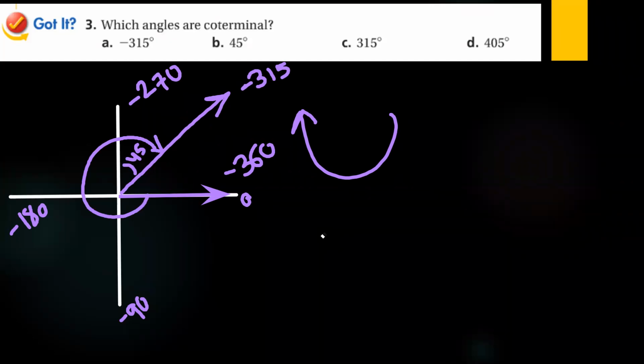So to know where it is, you can find the average of 270 plus 360 divided by 2, or you can subtract this angle from 270, or 360 minus 315. Then that's the number that you have here, which is 45.